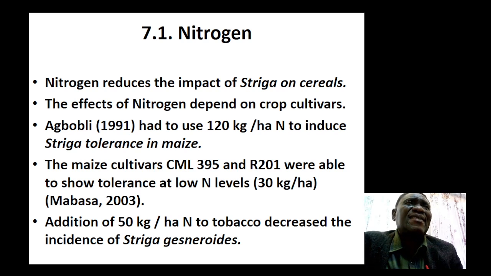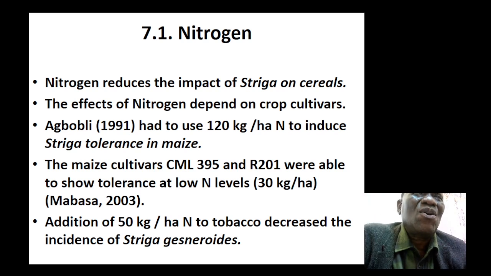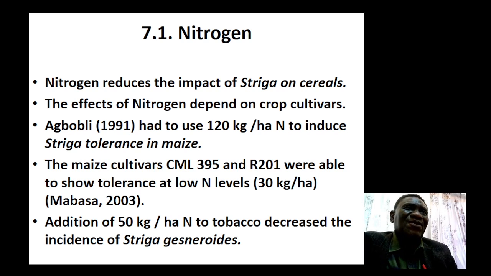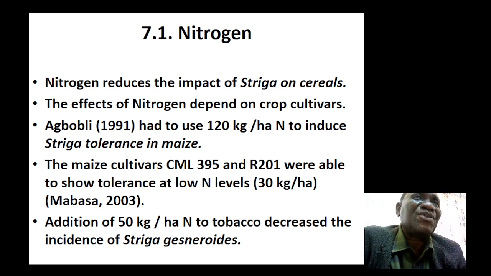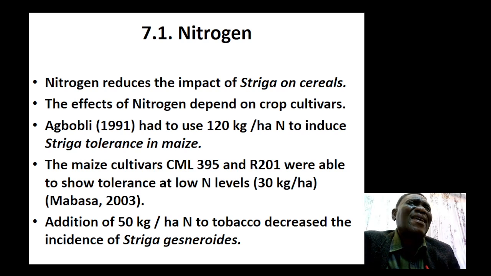Now, some scientists like Agbor in 1991 recommended the use of 120 kgs of nitrogen just in order to induce striga tolerance in maize. But this could be too high.